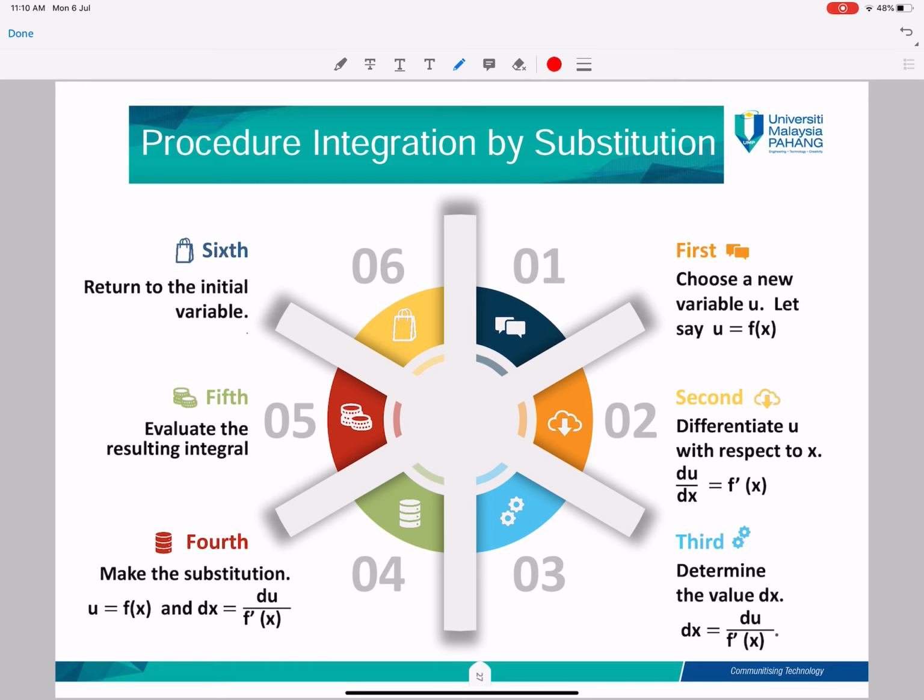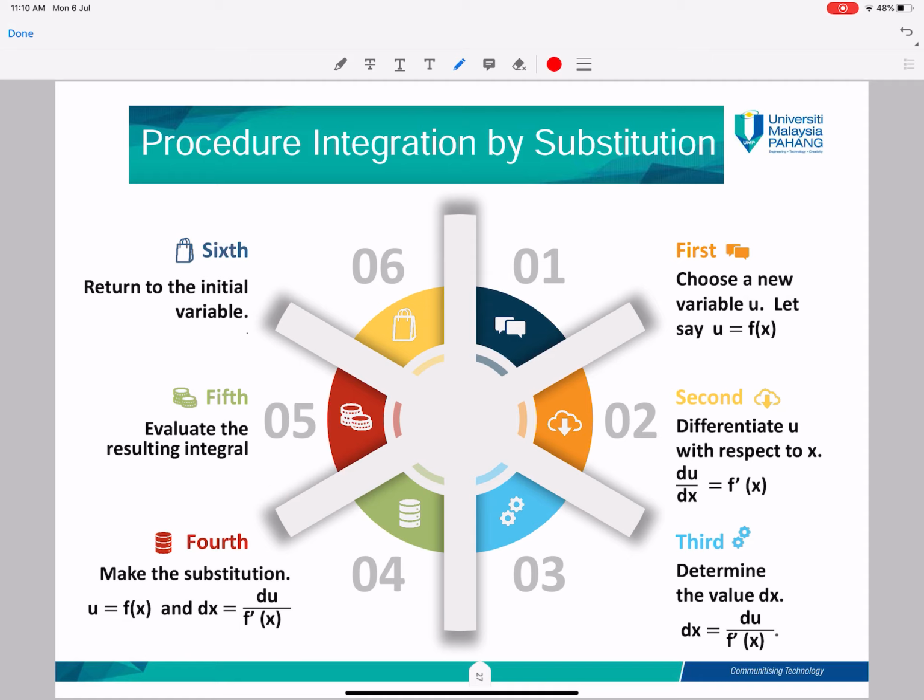So basically, there are 6 basic procedures that you have to follow in order to perform integration by substitution. First, you need to choose a new variable u, and we let u equal f(x). Second, differentiate u with respect to x. In this case, you want to find du/dx, which is equal to f prime x.